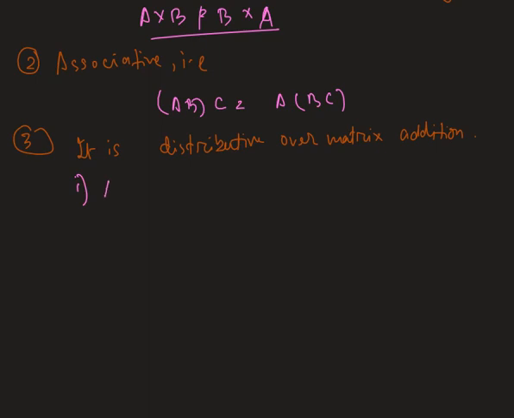We can define it this way: A multiplied by B plus C is equal to AB plus AC, or we can also define it this way: A plus B multiplied by C is equal to AC plus BC, whenever both sides of the equality are defined.